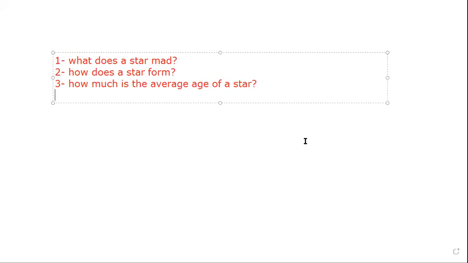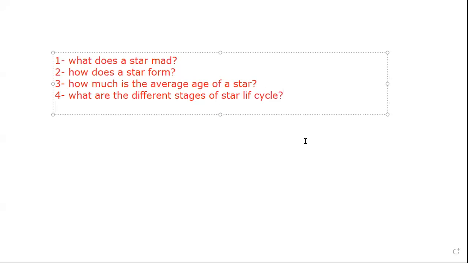And finally: what are the different stages of the star life cycle? And here also we have the last question: what is the difference between a giant or red giant and a super red giant?